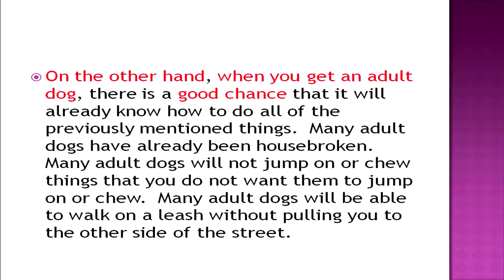Many adult dogs will not jump on or chew things that you do not want them to jump on or chew. Many adult dogs will be able to walk on a leash without putting you to the other side of the street. So these are the benefits. You need not give much of your time to training of the dog when it is an adult dog.